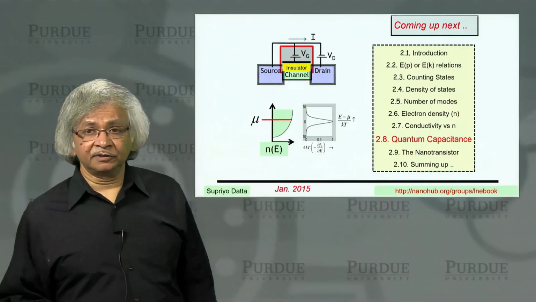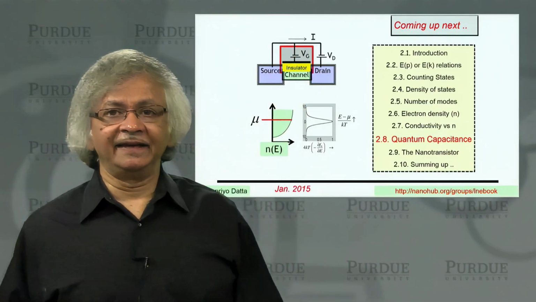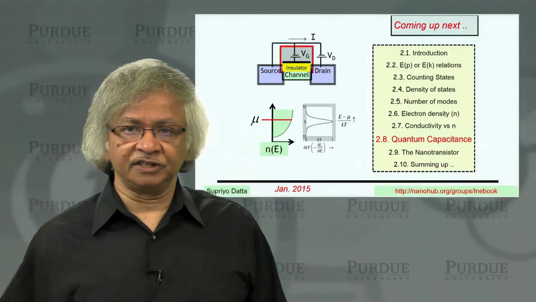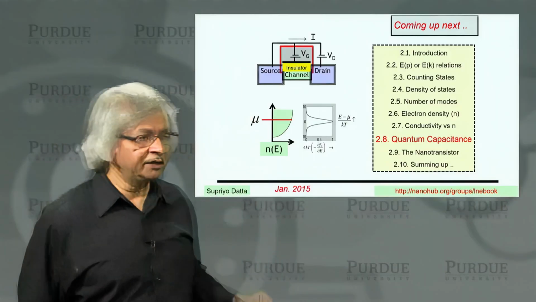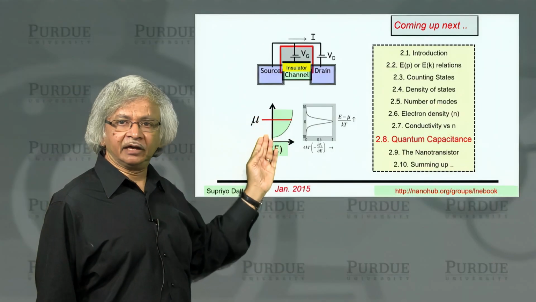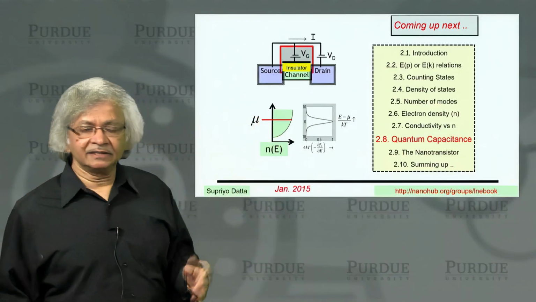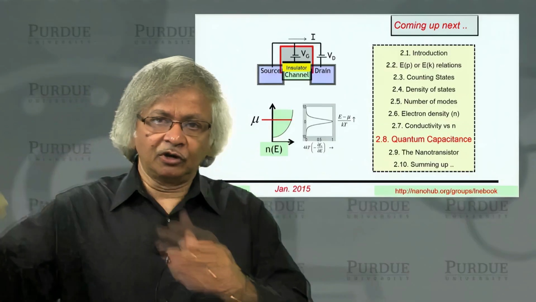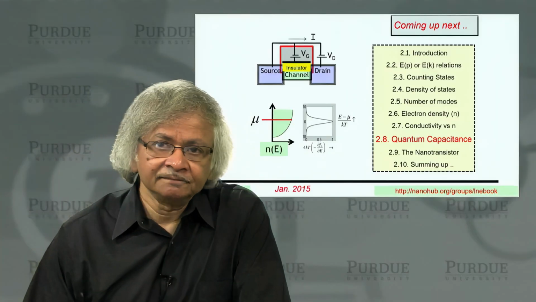And that third terminal is all important. That's what's called the gate. And what it does is it controls the conductance of the channel. How does it control it? Well, basically by moving the electrochemical potential up and down. Now, how it does that, how much gate voltage is needed to change it, that's what we'll talk about in the next lecture. Thank you.